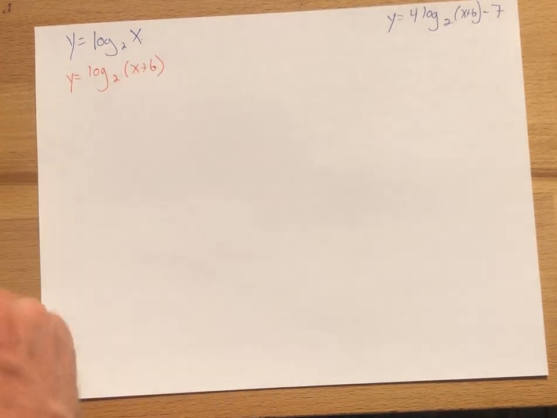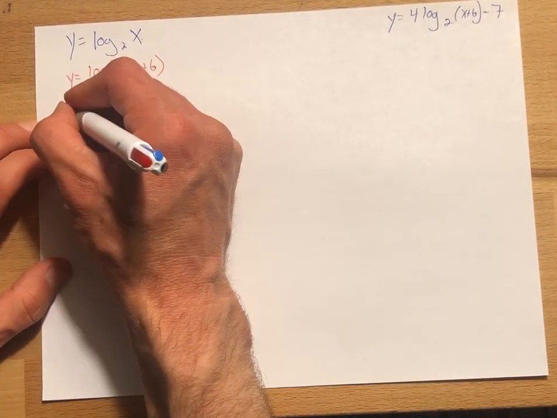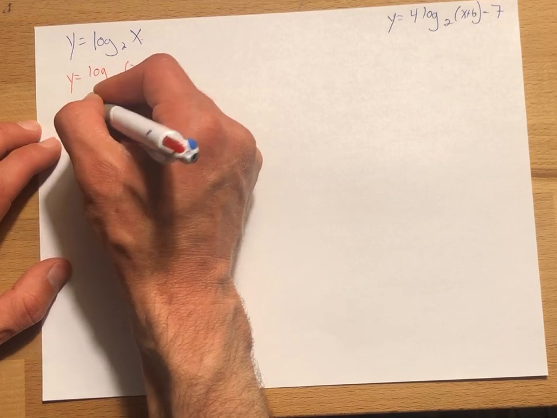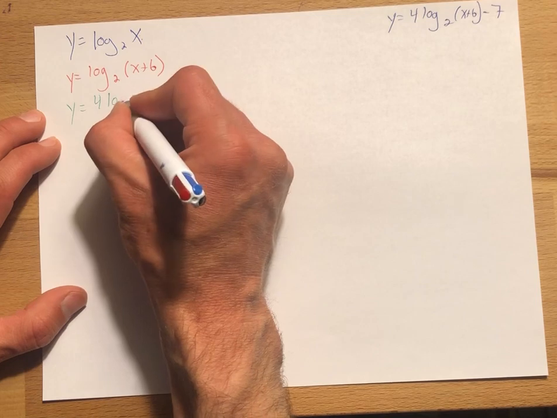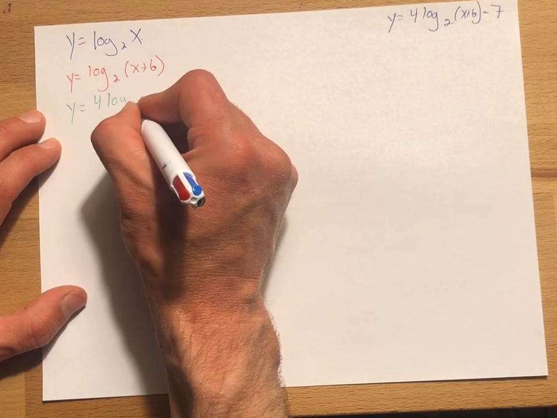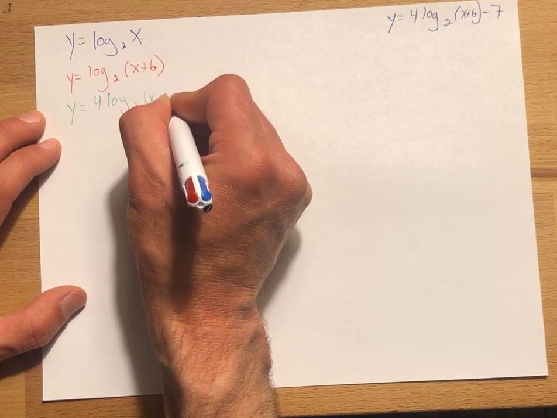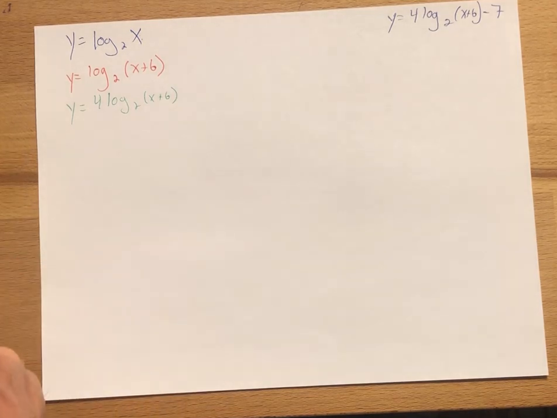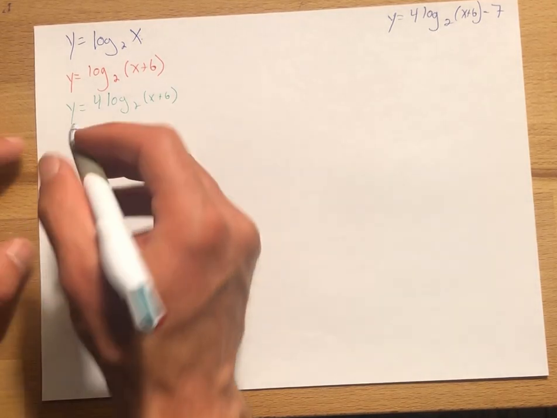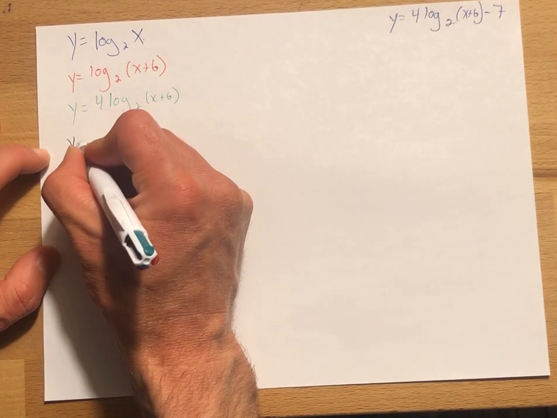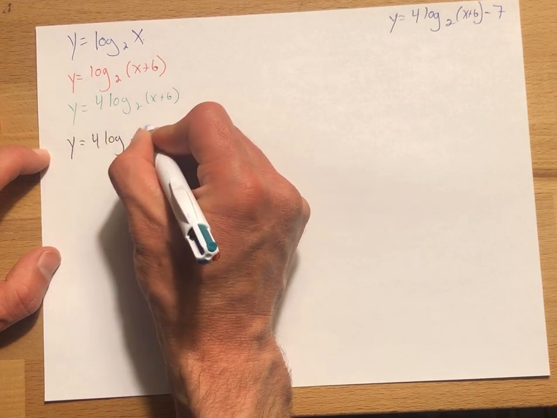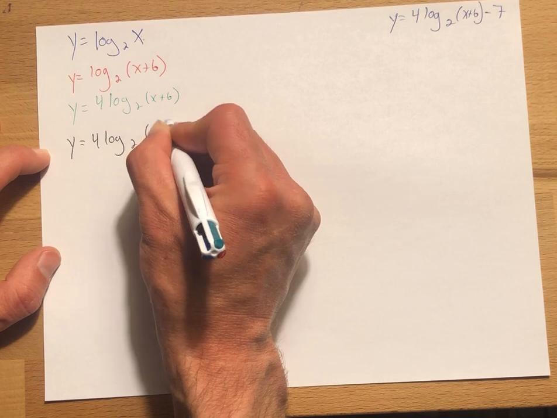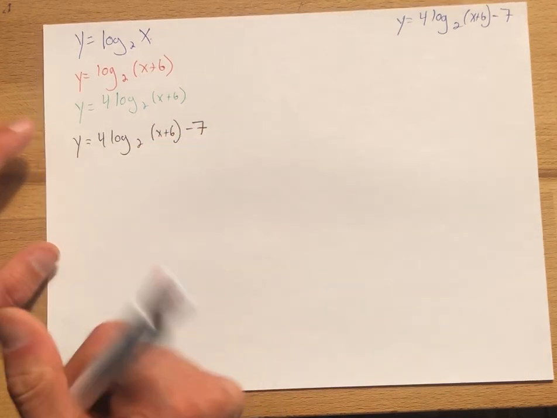And then, let me use a different color for each. I'm going to graph y equals 4 times the new y value of log base 2 of x plus 6. And then I am going to shift the whole graph down 7. y equals 4 times log base 2 of x plus 6, and then minus 7.